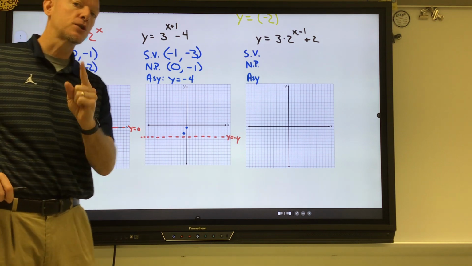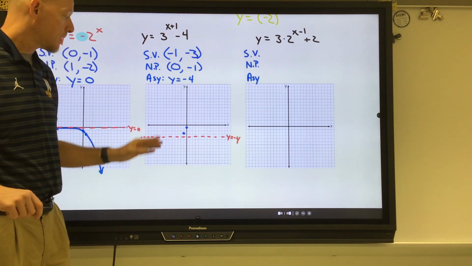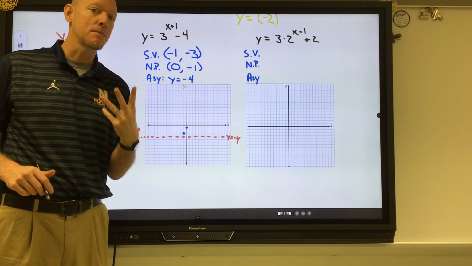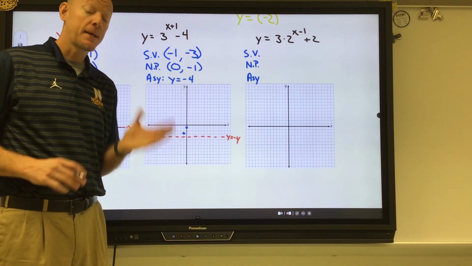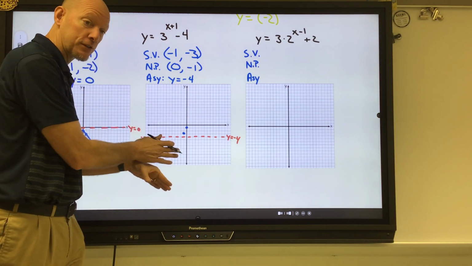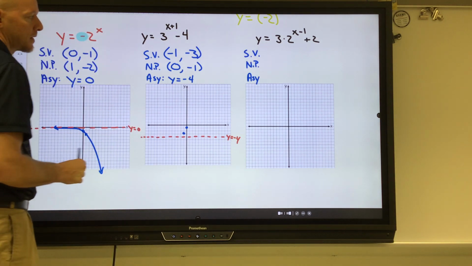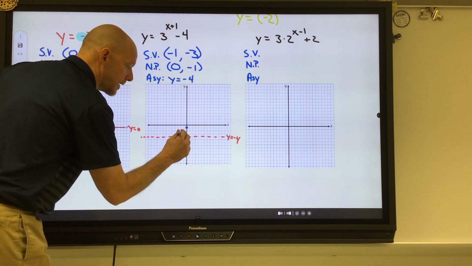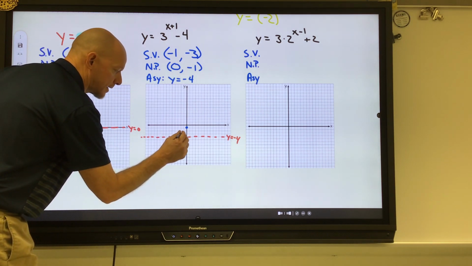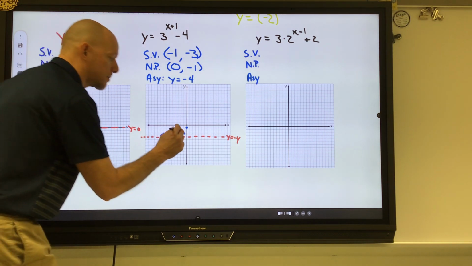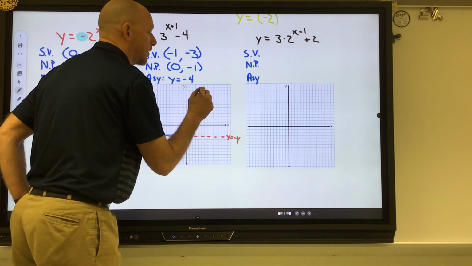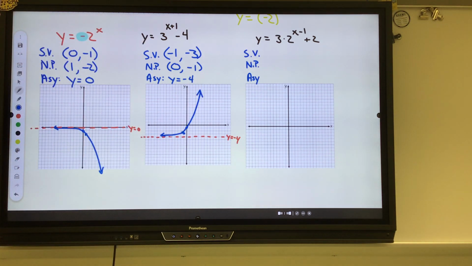And one of the look-fors you want to make sure that you have is that both of your points are on the same side of the asymptote. Because if not, that means we would cross over the asymptote and we'd have a bad calculation at that point. All right, so again, as we go to the left, we're going to get smaller and approach the asymptote, and as we go to the right, we're going to get larger and approach infinity.